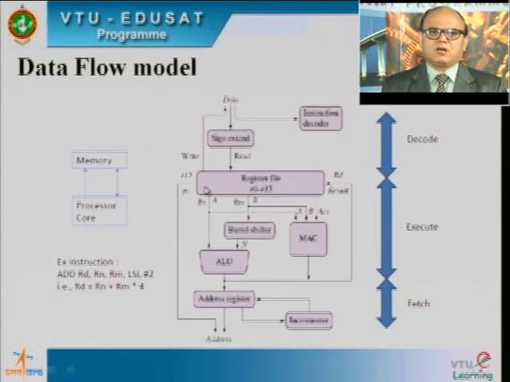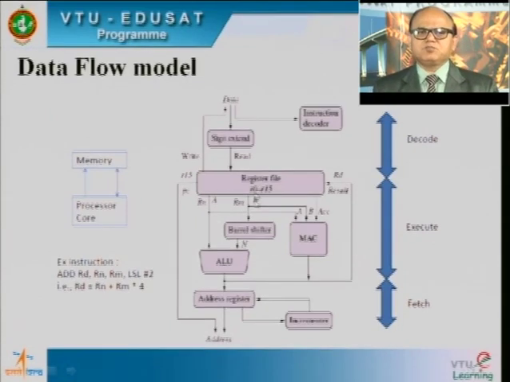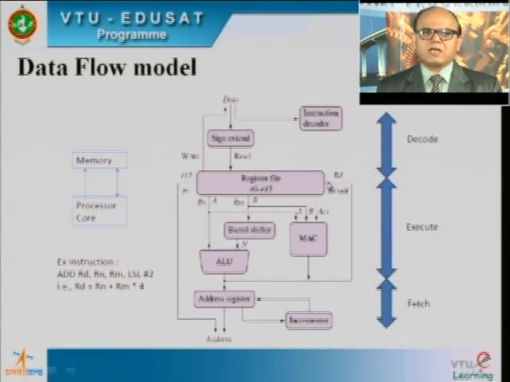And on this side I get a number directly from the register into the ALU through one of the inputs, that is input A, and input B I can pre-process and then give to the second input of the ALU. The computation is performed on these two input operands, and the result is obtained here and can be put back into the register file. So that is what we have.